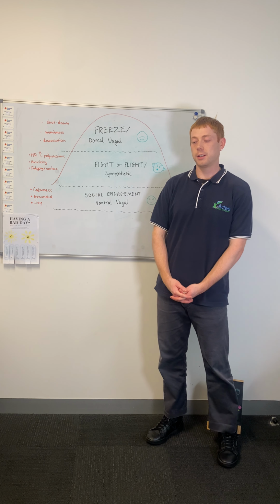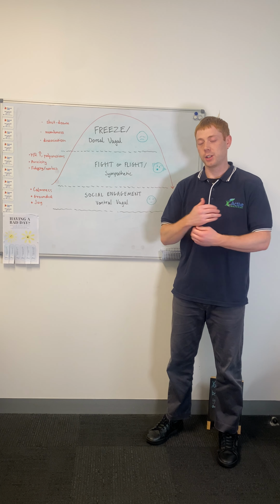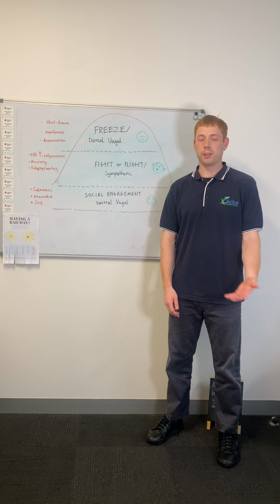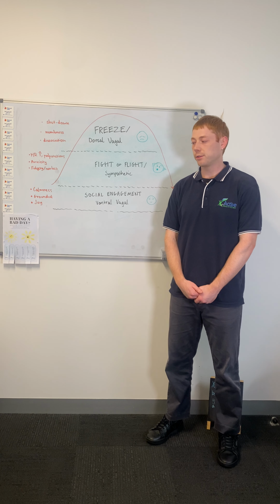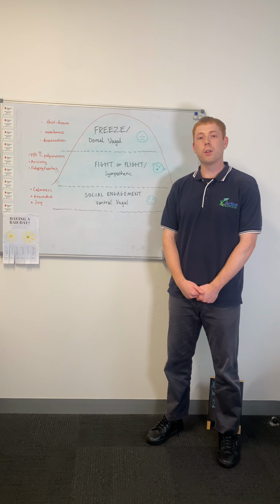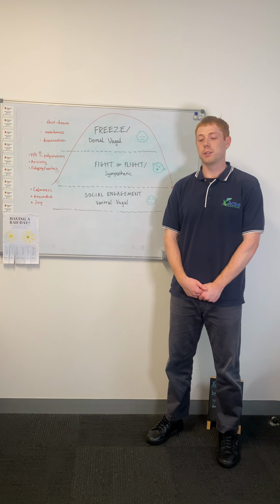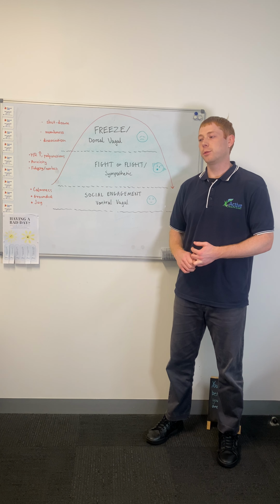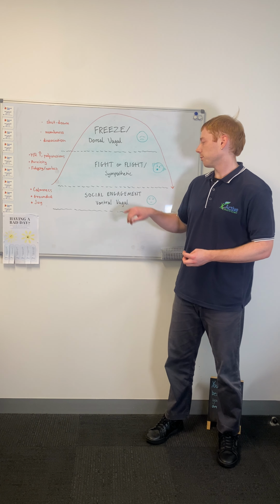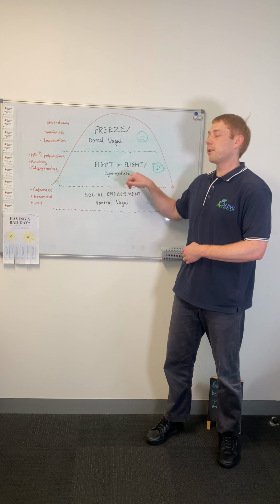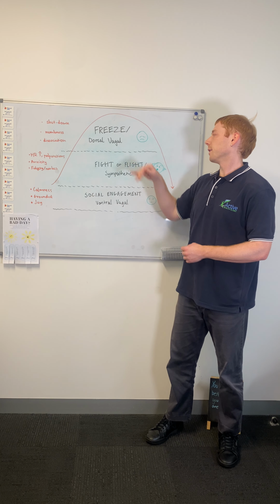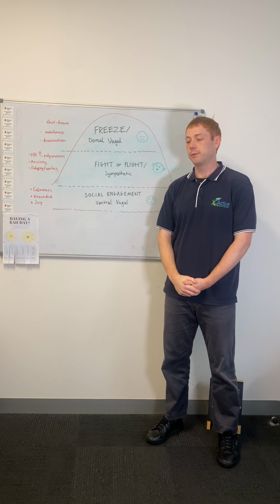A lot of these conditions cause a reduction in the amount of activity that you can tolerate, whether that's physical, cognitive, emotional, or sensory energy. So when we're thinking about energy conservation through pacing, it's really important that we're able to identify and move ourselves back into social engagement, because this fight or flight state takes a lot of energy, and this dorsal vagal state just isn't very functional.